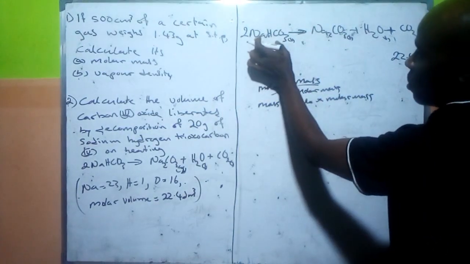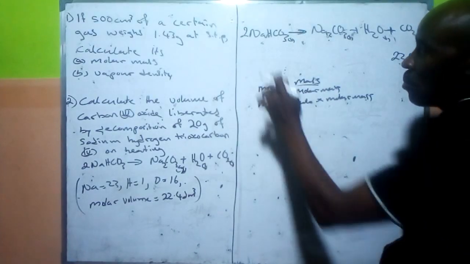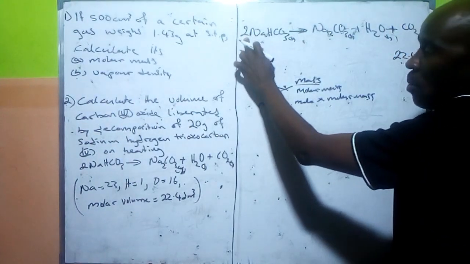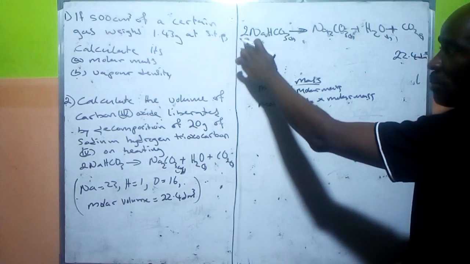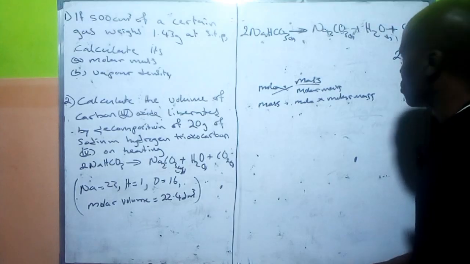Now we have a molar mass. We need the molar mass of this sodium hydrogen trioxocarbonate, and multiplying it with the mole from the mole ratio gives us the mass of the reactant. So that is what I'm going to do here now.